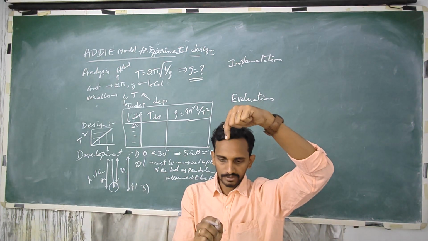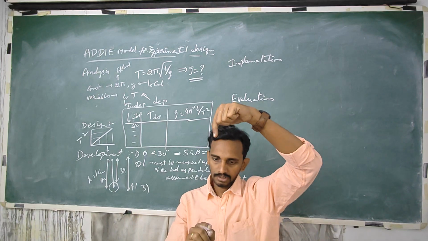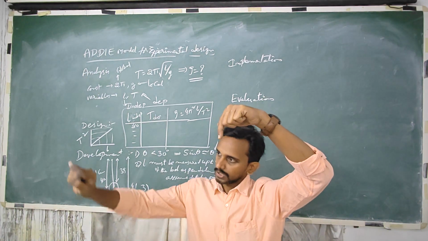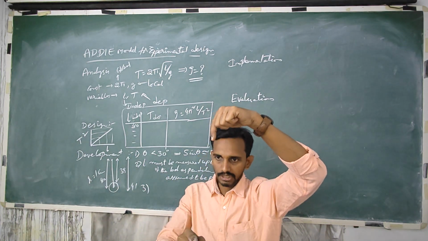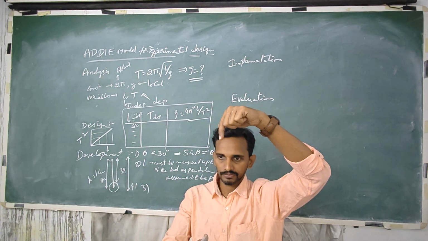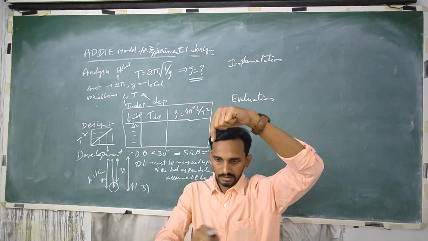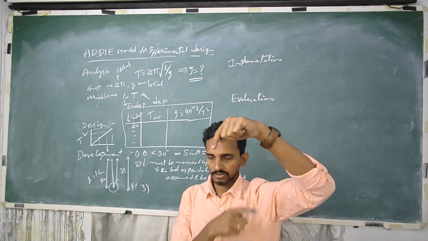So if you start from the center, the equilibrium position, then you count 0. It goes there, comes here, goes to the other end, again comes here. Then it will be 1. Again, 2. So like that you have to count.